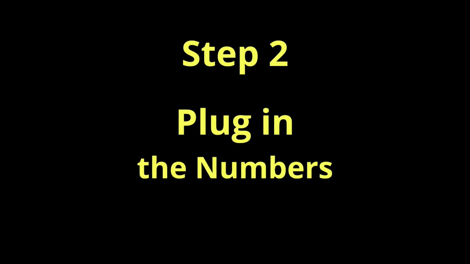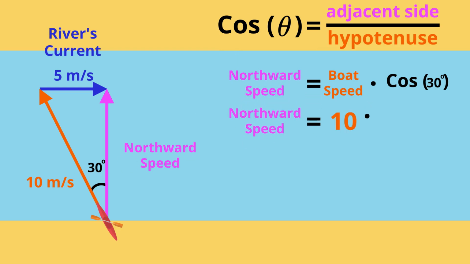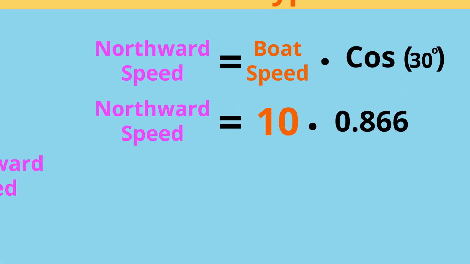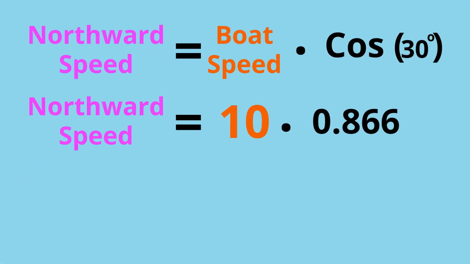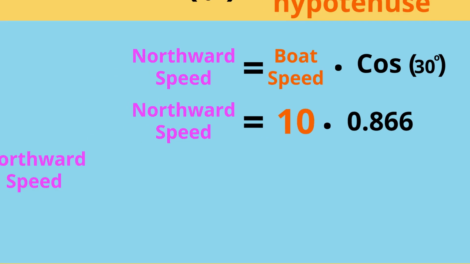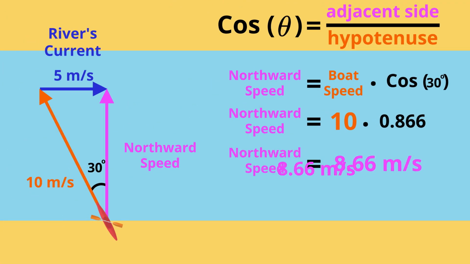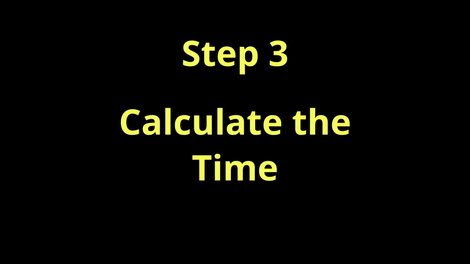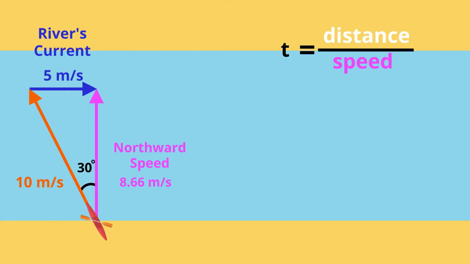Step 2. Plug in the numbers. The boat speed is 10 meters per second and cosine of 30 degrees is approximately 0.866. Northward speed equals 10 multiplied by 0.866. Northward speed is approximately 8.66 meters per second. Step 3. Calculate the time. Time is distance divided by speed.